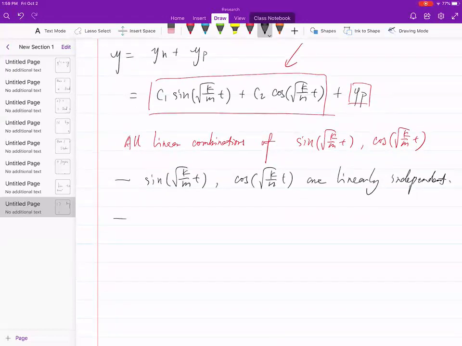Second, if I write everything this way, this gives you something which is called a two-dimensional solution set. From here, you can see this is actually a vector space or a subspace, depending on how you want to call it.